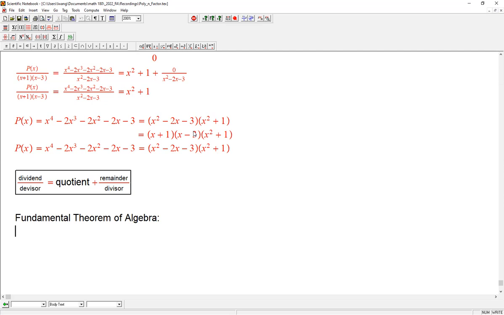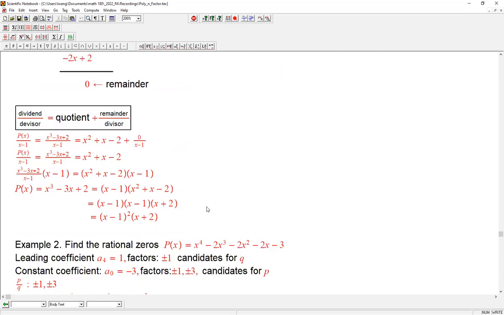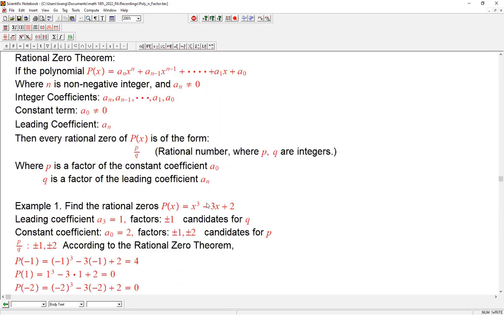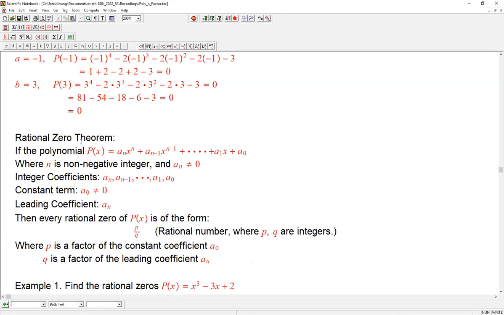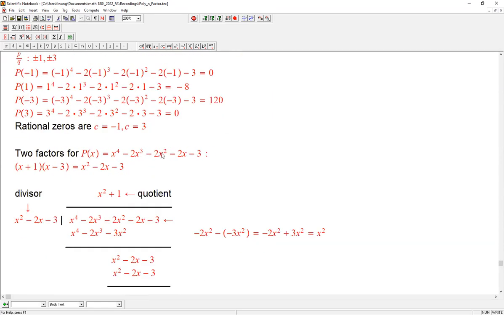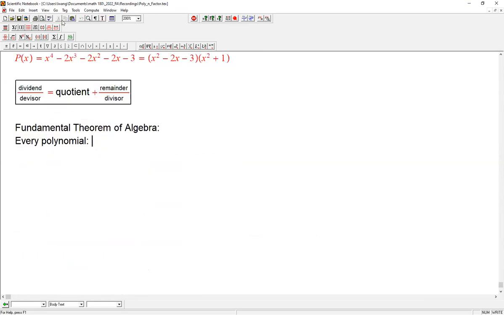The fundamental theorem of algebra says every polynomial, and I'm going to borrow from what we did before, every polynomial like this. We have to specify what kind of coefficients. An is the leading coefficient.